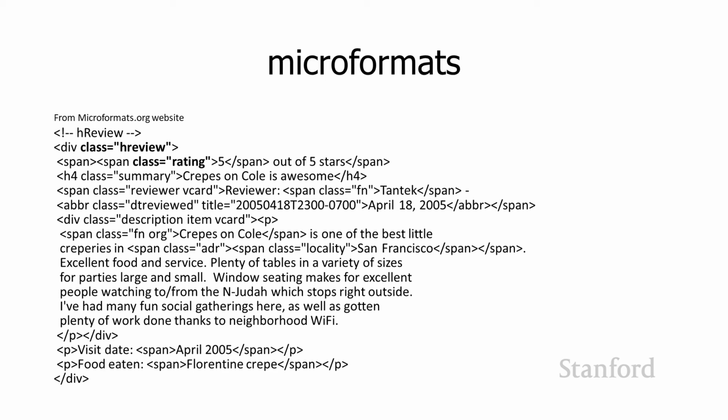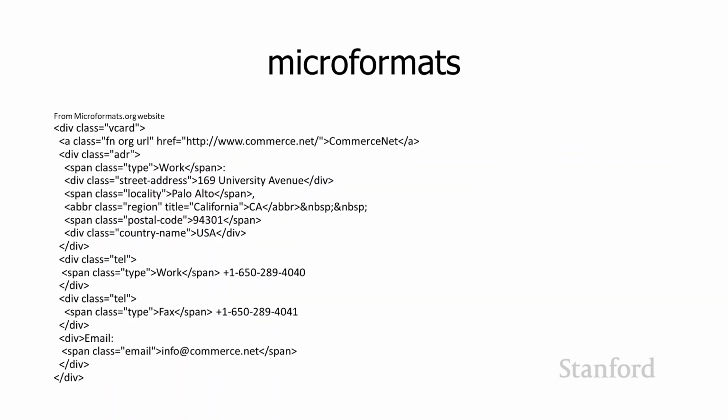I'm just going to focus on two of them up here at the top. There's a class hreview that Google can look at and say, oh, this does follow the hreview format. And then there's a class rating. By Google looking for that class rating and seeing the number there, that's how it can determine how many stars to put in the summary.